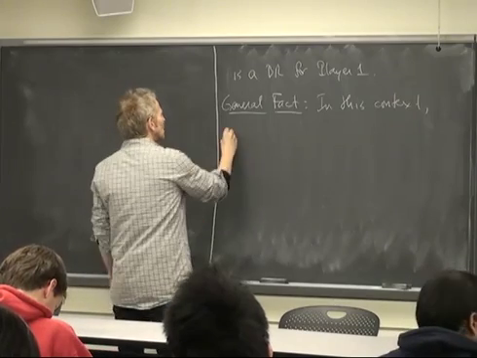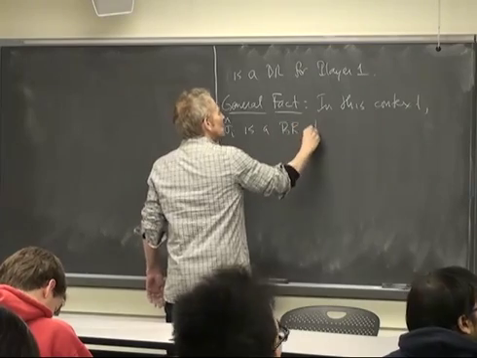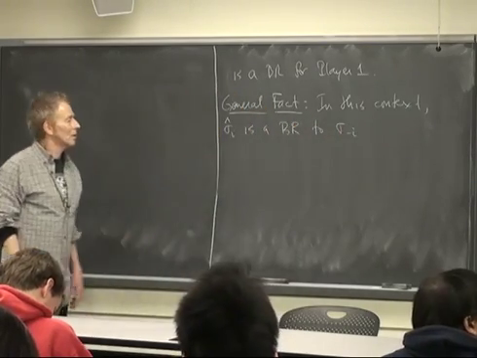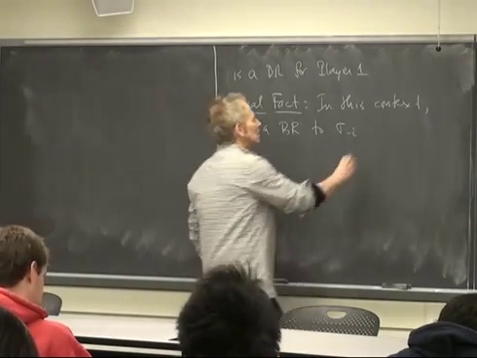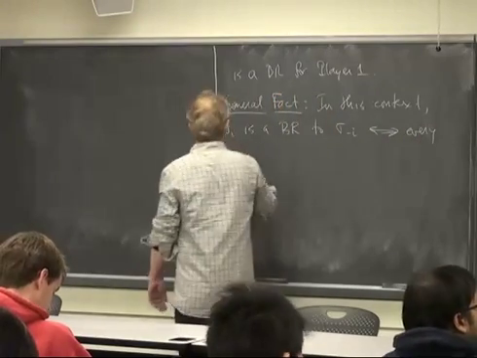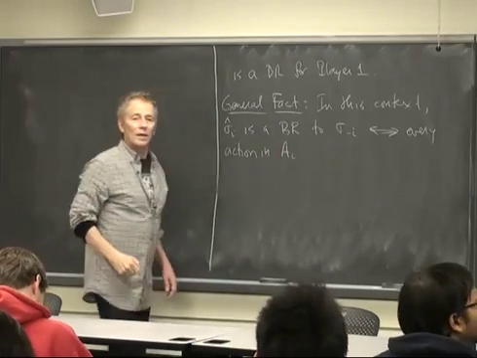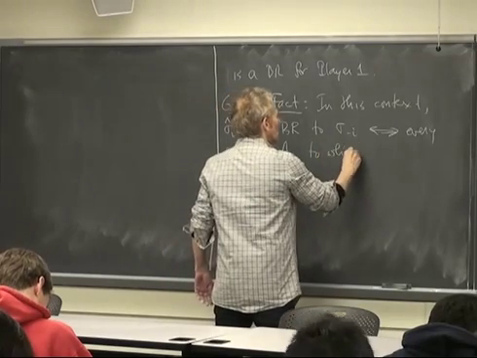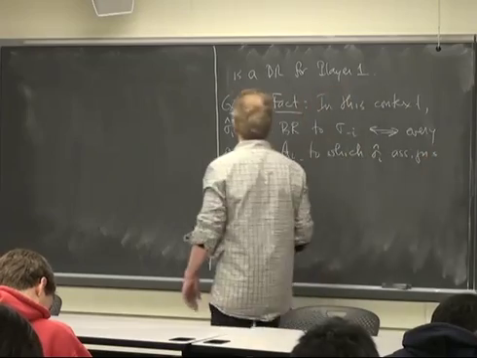In this context, sigma I hat is a best reply to sigma sub minus I, a choice of strategies for the other players, if and only if every action in the action set for player I to which sigma I hat assigns positive probability.